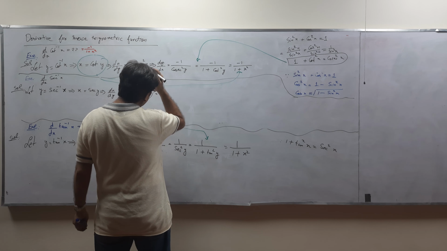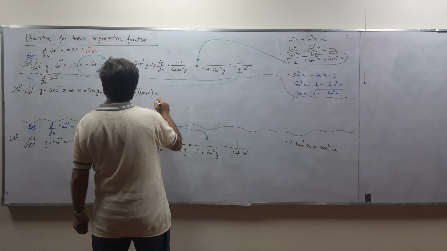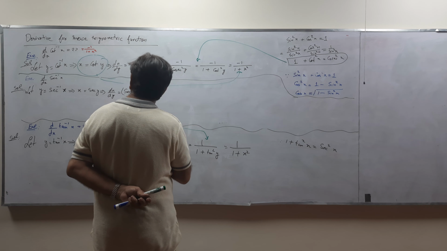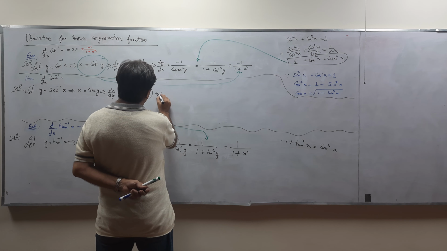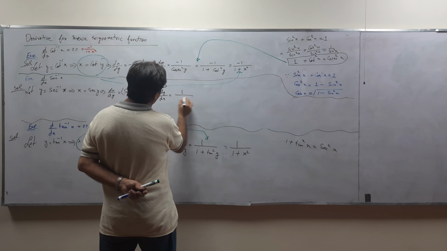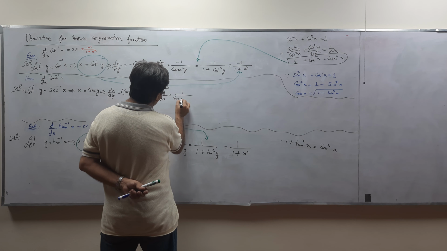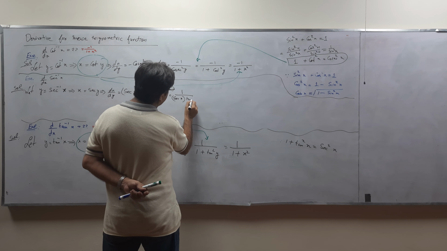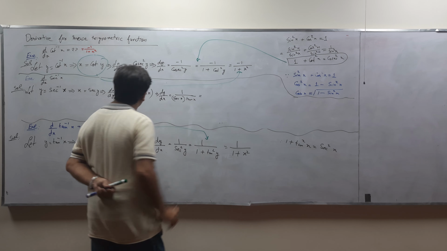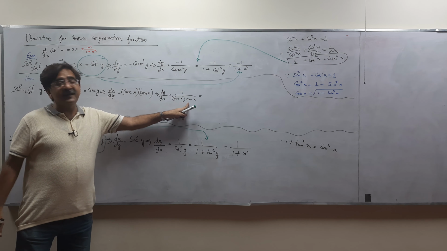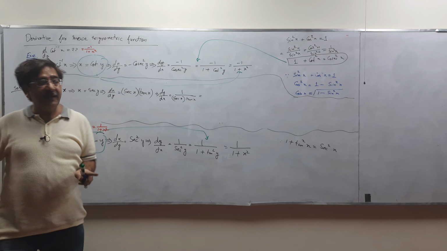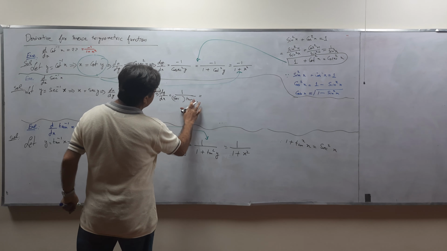And this implies that dy over dx will be equal to 1 over secant y tan y. Secant y is x, but there is no relation about the tan.